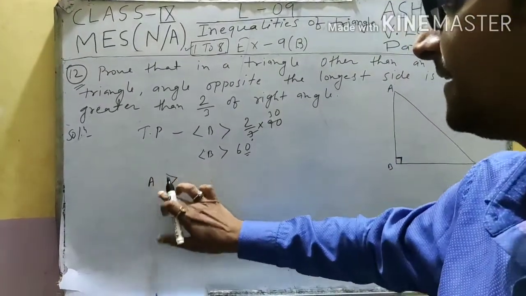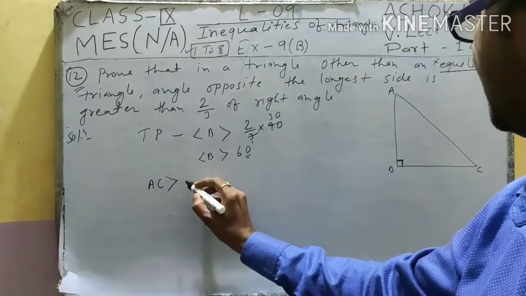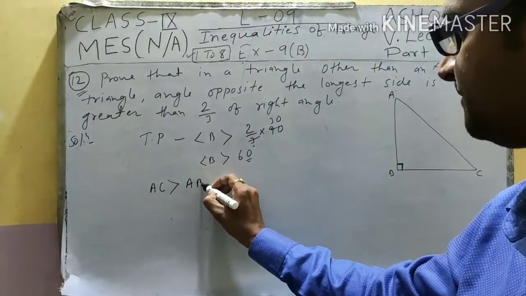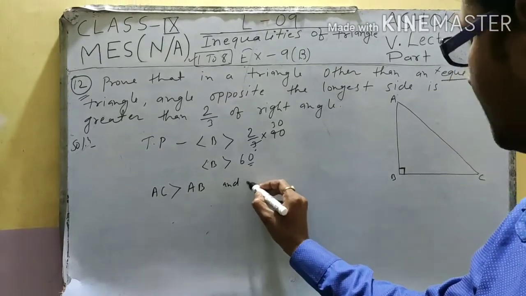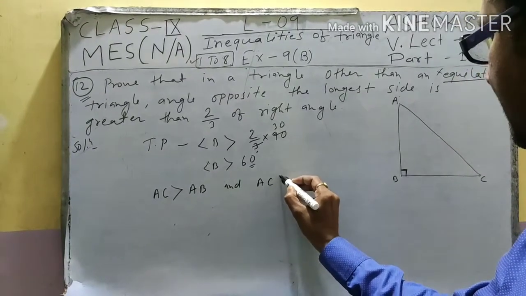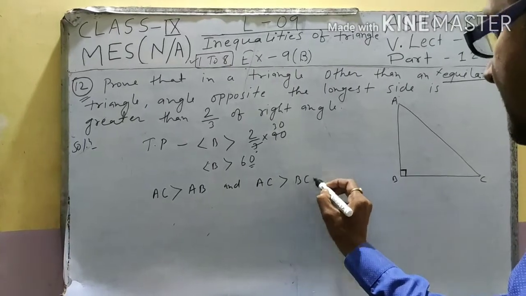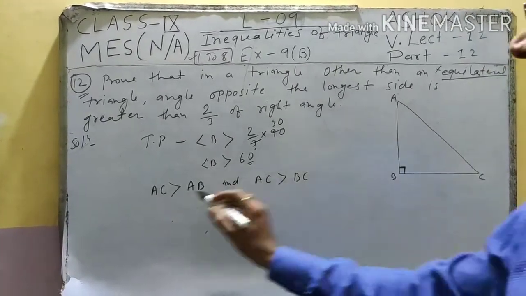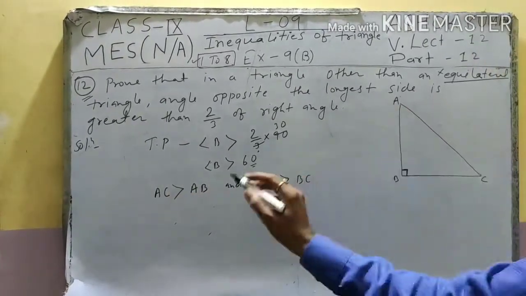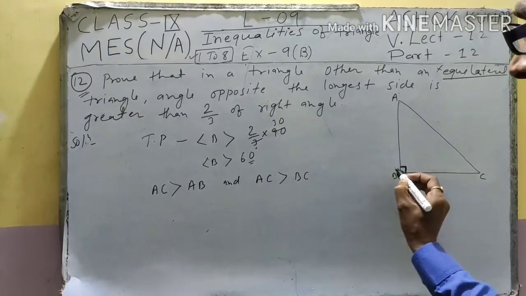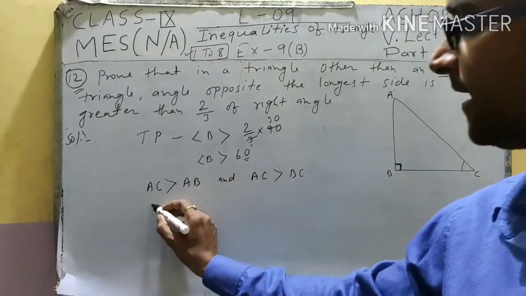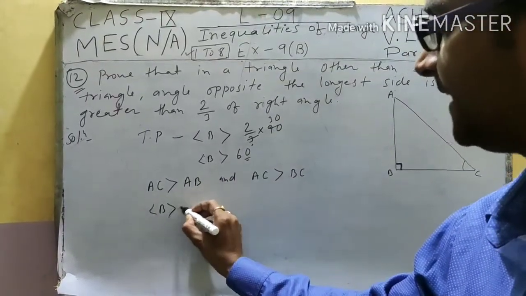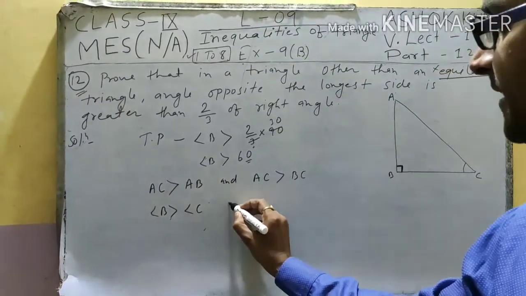So we can write AC is greater than AB and AC is greater than BC. What does it mean? Since AC is greater than AB, we can write angle B is greater than angle C.